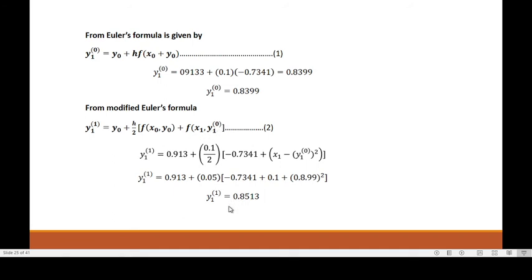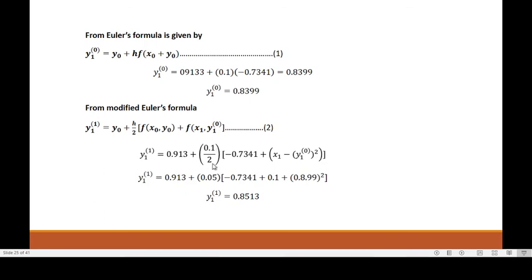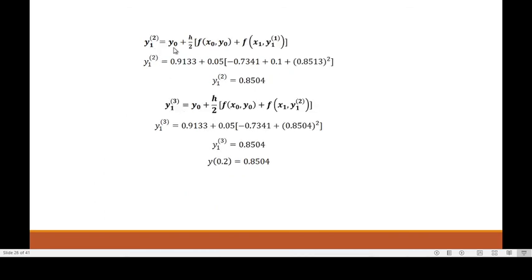Substitute all the values here, you will get 0.8513. Again, next we correct this value by applying the repeated process. You will get 0.8504 and 0.8504. Therefore, finally we conclude y of 0.2 as 0.8504. So you have to calculate up to y1 of 3. That is, repeat the iterations until you get the desired value.